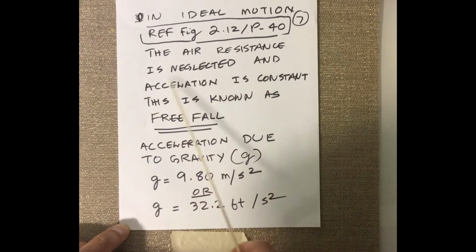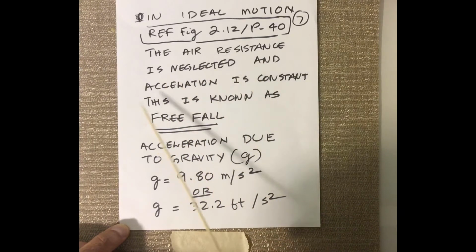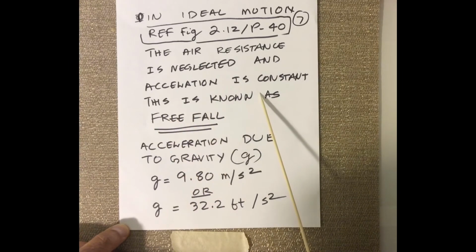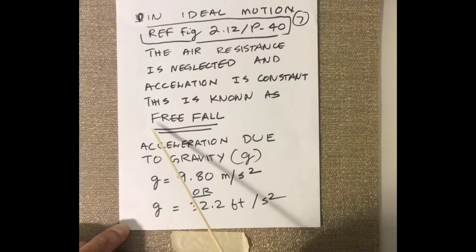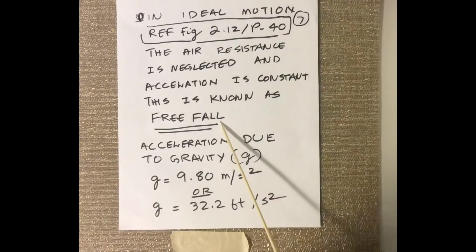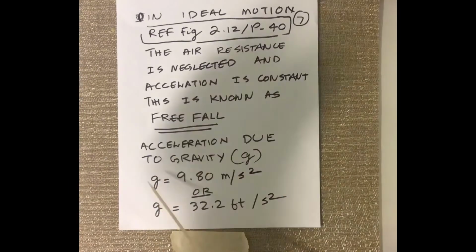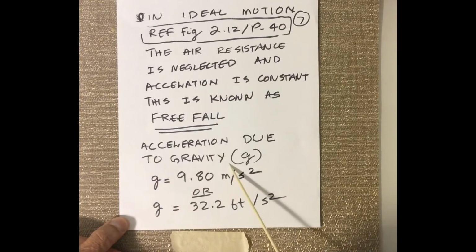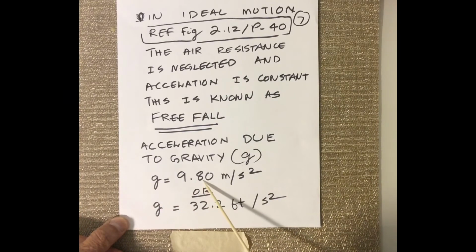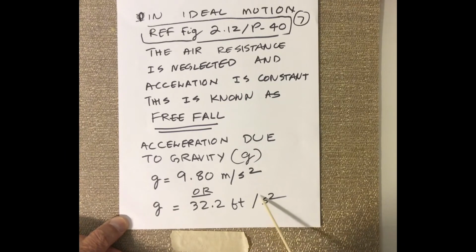The air resistance is neglected and the acceleration is constant, as you see in this figure there, and that is defined to be free fall. Now acceleration due to gravity is g. g is constant, is 9.80 meters per second square, or could be in feet, like g equals 32.2 feet per second square.